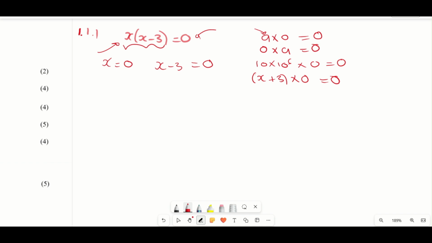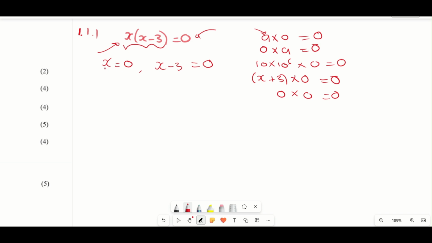We are not saying x equals 0 and x minus 3 equals 0, but x equals 0 or x minus 3 equals 0. Well, we can have both of them equal to 0, because 0 times 0 is equal to 0, but we want either of the two to be 0, separately.